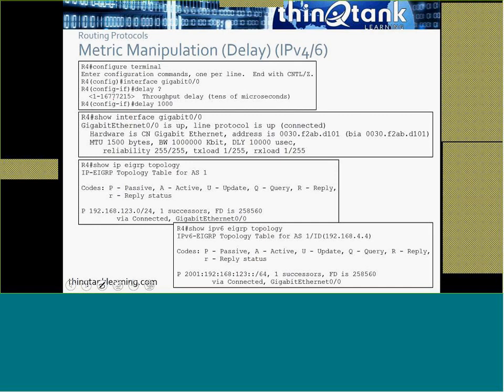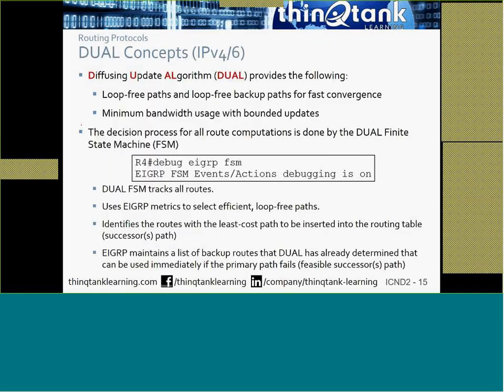So in order to manipulate metrics in paths, we can manipulate bandwidth, we can manipulate delay. All right? As I mentioned, all of this stuff, the metric, the calculation, successor, feasible successor, feasibility condition, everything else is a direct result of the Diffusing Update Algorithm, which is the algorithm that we use for EIGRP.